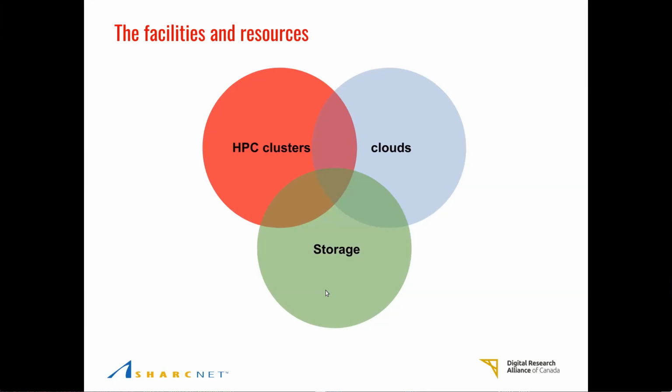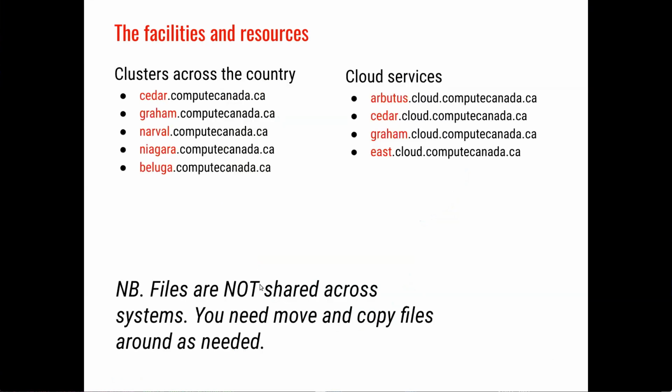The facilities and the resources are available in three categories: HPC clusters, clouds, and storage. For the clusters and the cloud, currently we have five clusters across the country, from the west to east: Cedar, Graham, Narwhal, Niagara, and Beluga.